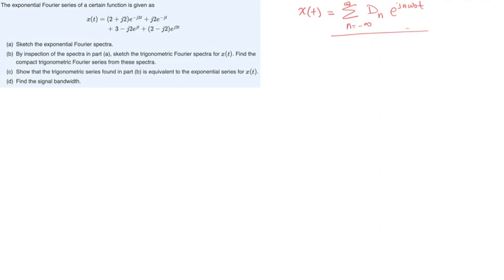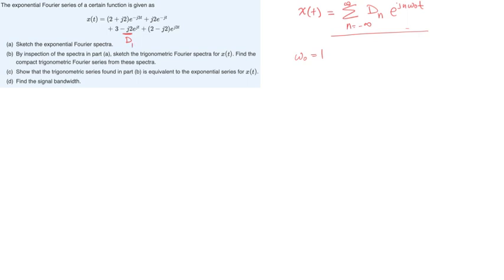So we can safely assume that our fundamental frequency is the part that has a 1 to it. Okay. So our fundamental frequency here, omega naught, is equal to 1, by inspection. We didn't do any mathematical derivation, just by inspection. And accordingly, we can immediately know that this should be d, which n? d1.